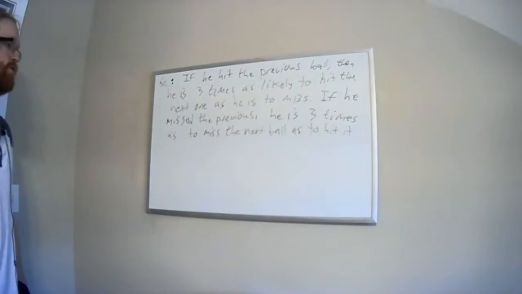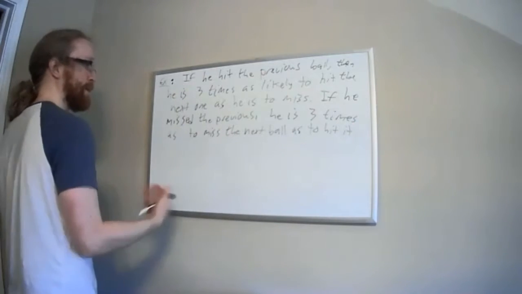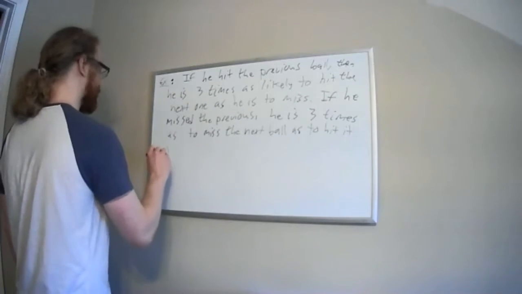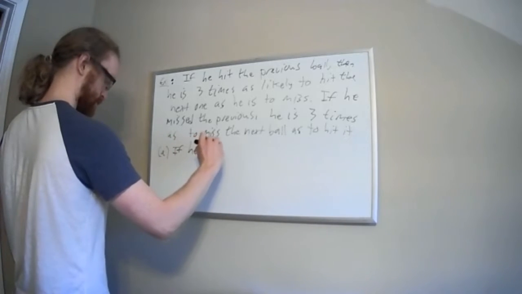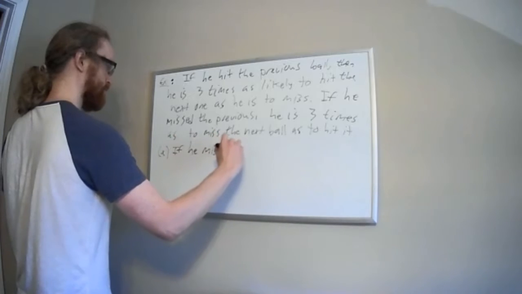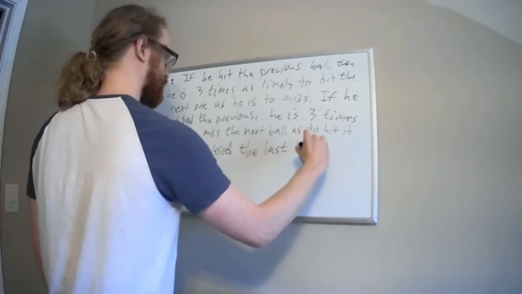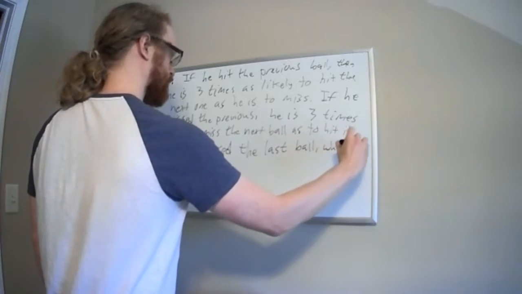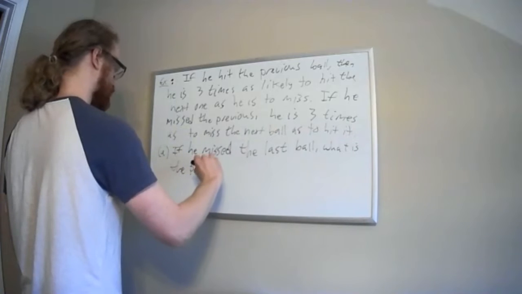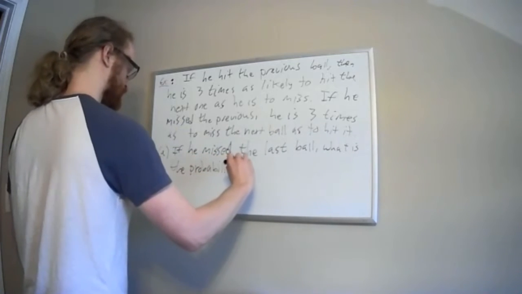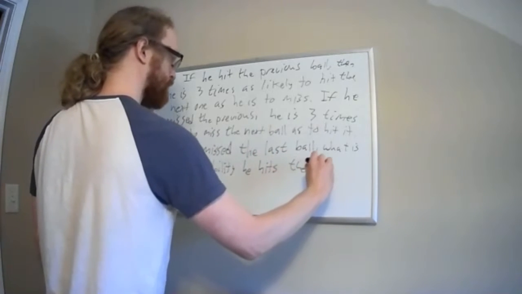Okay, so here's our situation. And I'm going to end up asking several questions about this situation, but here's the first question that I'll ask. If he missed the last ball, what is the probability that he hits the third ball from now?